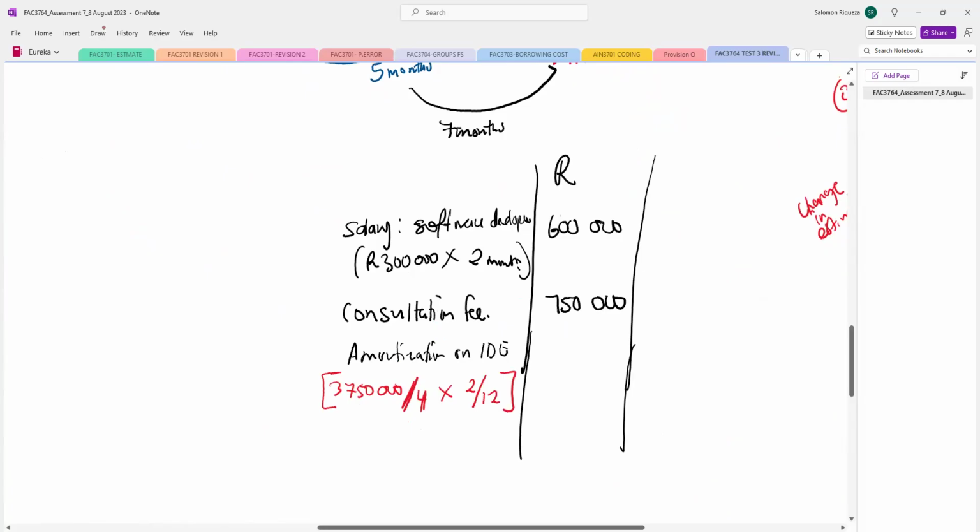So 3,750,000 divided by 4 years, multiply by 2, divide by 12. My amortization will be, please confirm, 156,250.